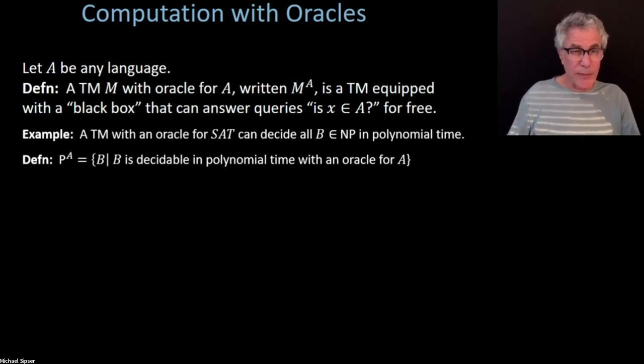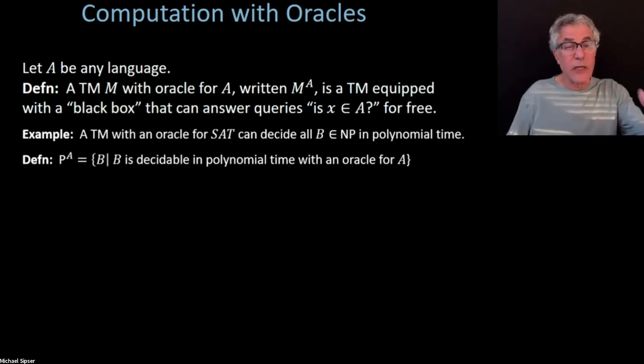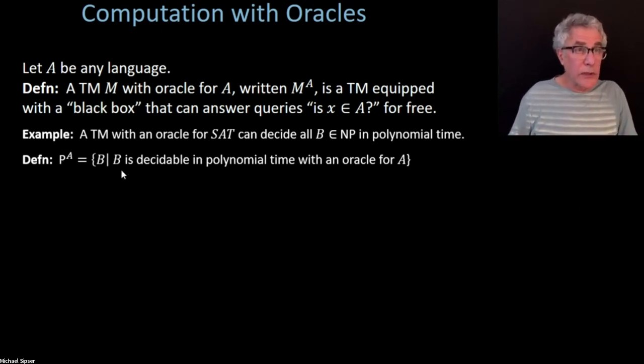The terminology people usually use is sometimes called relativization, or computation relative to having this extra information. So P with an A oracle is all of the languages that you can decide in polynomial time if you have an oracle for A.